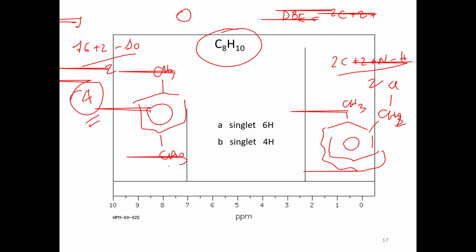Especially because if you put two methyl groups, you have your signal which integrates 6. You need to put 6 protons, 10 protons in total. If you have this one at 4 and this one at 6, you can work out from the integration.